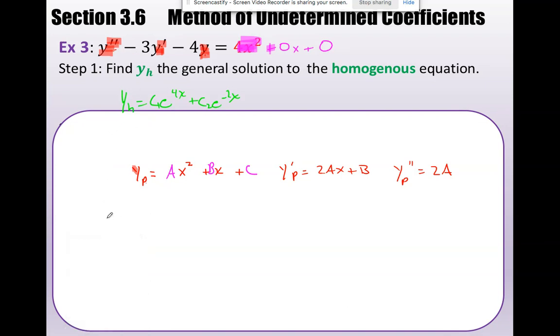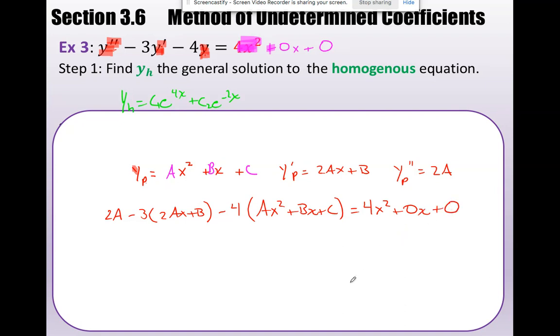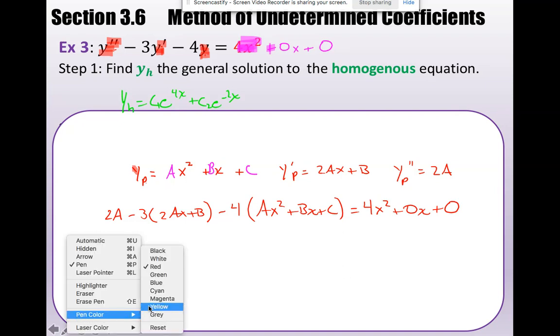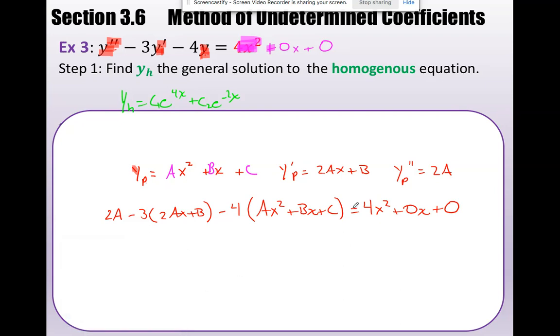So y double prime minus 3 times y prime minus 4 times y. And that's supposed to equal 4x squared plus 0x plus 0. So, right, your job, just like we did before, is to line things up using the equal sign.